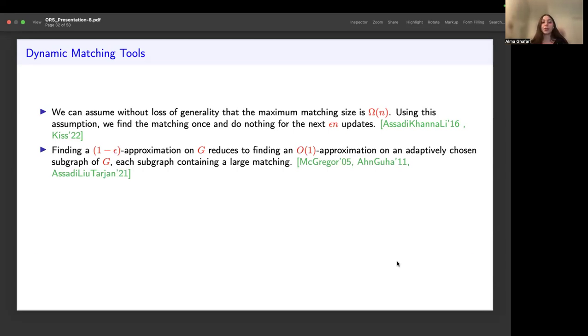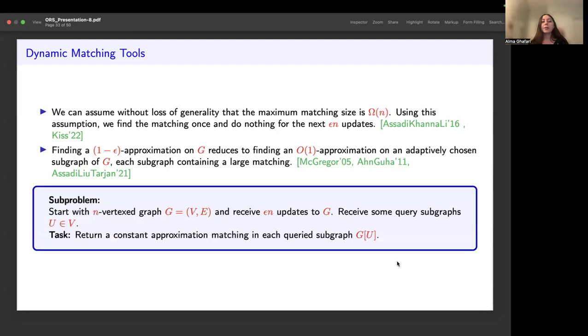So this is all we have to do. The problem reduces to starting with a graph, receiving epsilon n updates that could be inserting and deleting, and then we'll receive some query subgraph U, and the task would be to return a constant approximation matching in each of these queried subgraphs.